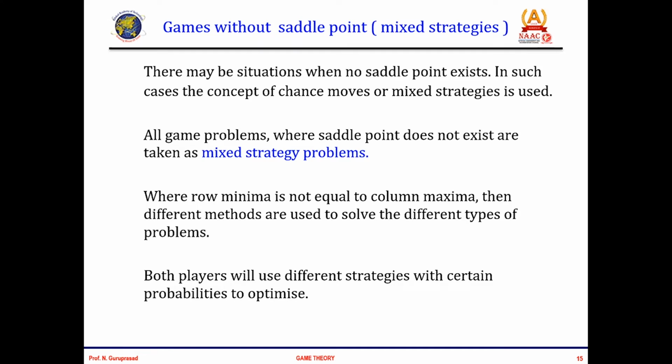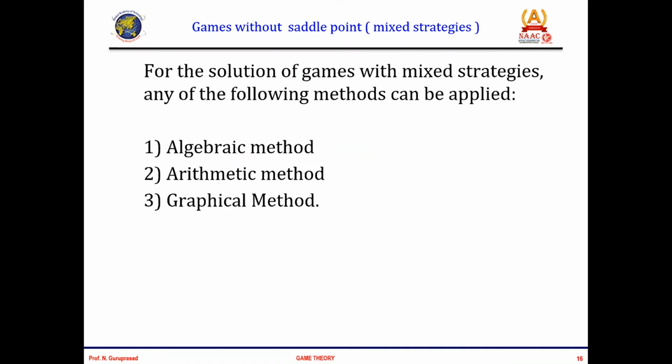Now what do you mean by this? The row minimum is not equal to the column maximum. And you know that when this does not happen, you do not have a saddle point. And what we do is we adopt different methodologies to solve these types of problems. And what is the outcome? The outcome is that both players will use different strategies with certain probabilities to optimize.